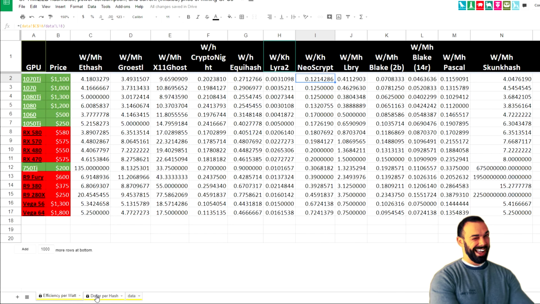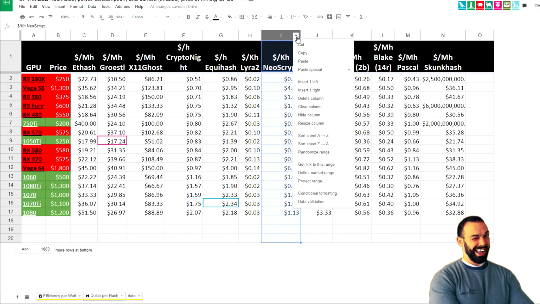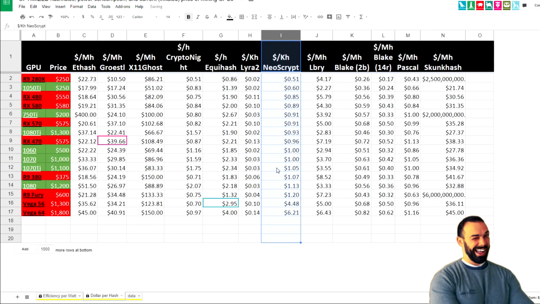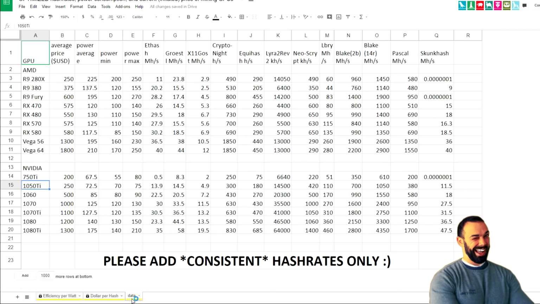But in dollar per hash, just to get started with NeoScrypt, again, we'll sort for that here. The 280X, maybe it pops up again, the R9 280X, and then the NVIDIA 1050 Ti. They're low-cost cards that mine NeoScrypt well enough. Over here, let's take a look at that. So the hash rate on the 280X is significant for AMD cards.